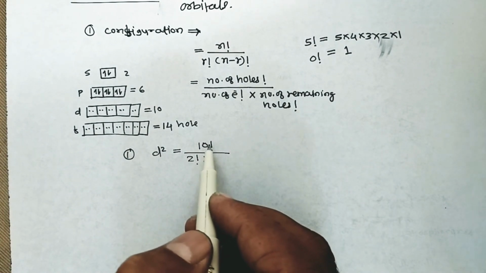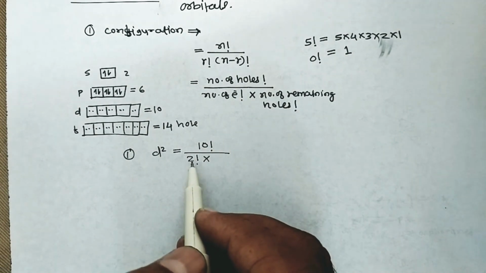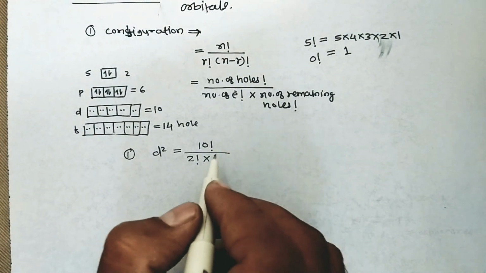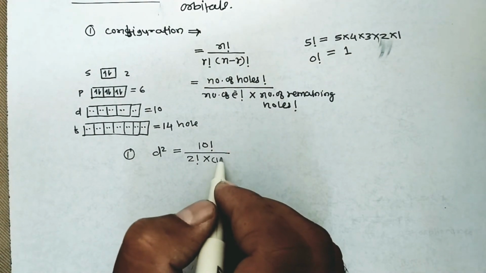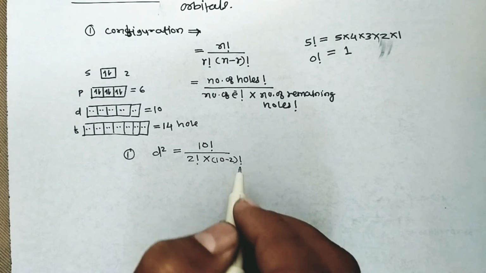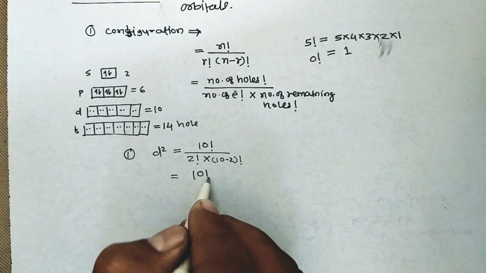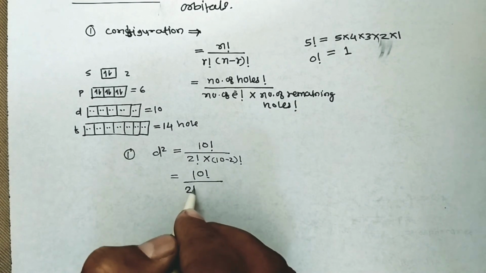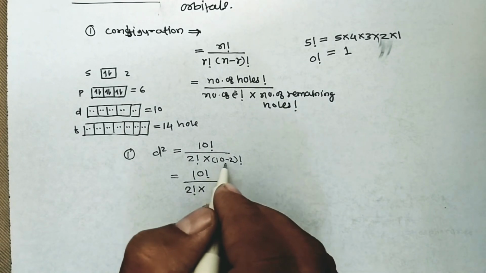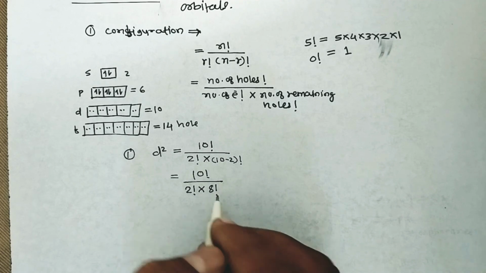Out of 10 holes 2 electrons are given, therefore the remaining holes will be (10 minus 2) factorial. So it comes out to be 10 factorial upon 2 factorial into 8 factorial.